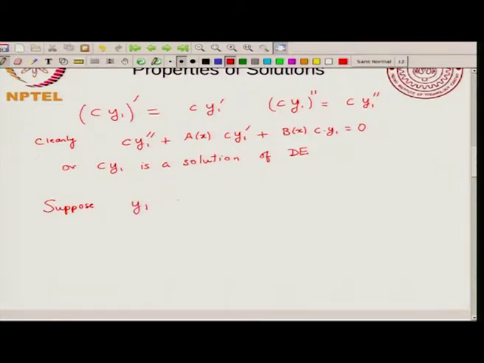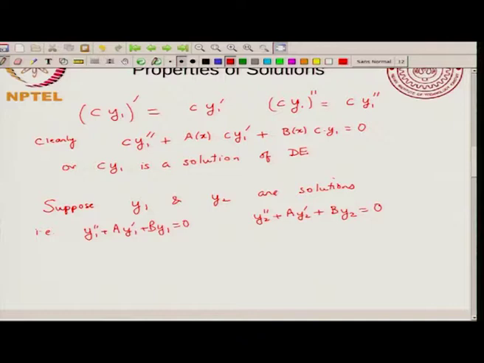Okay. Now, next suppose y1 and y2 are solutions. If both these are solutions, then you will have y1 double prime plus a y1 prime plus b y1 equal to 0, and if y2 is a solution, you have y2 double prime plus a y2 prime plus b y2 equal to 0.